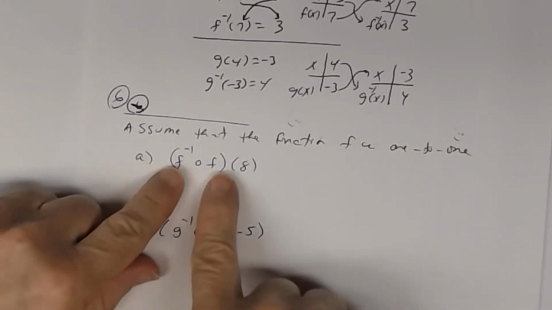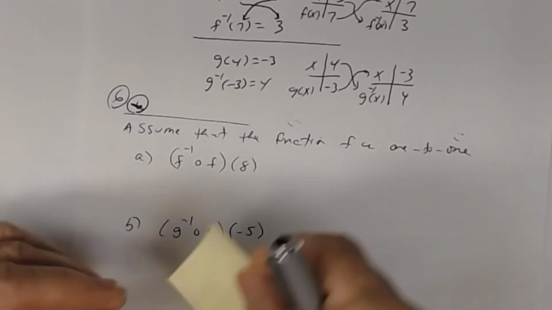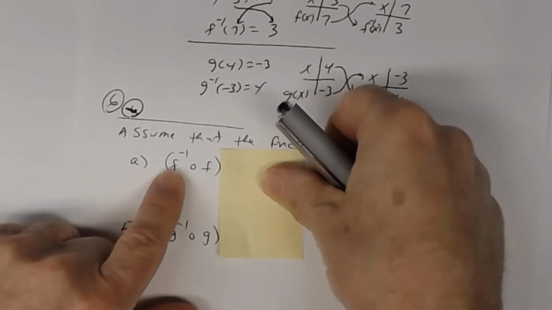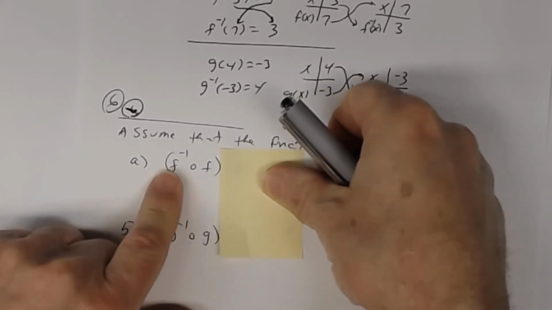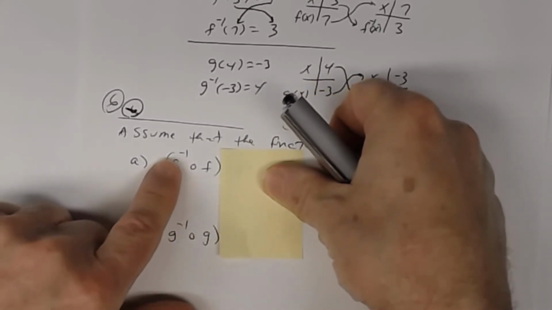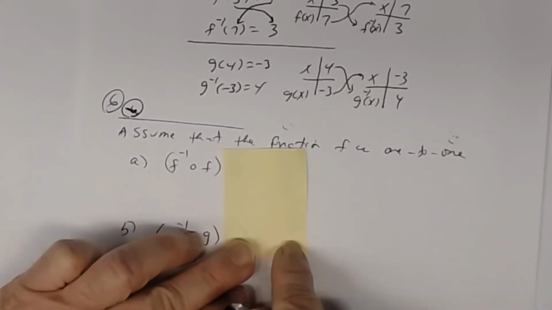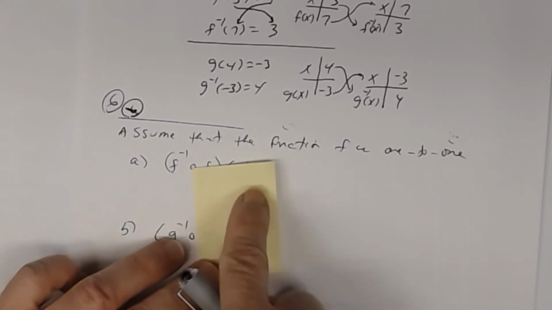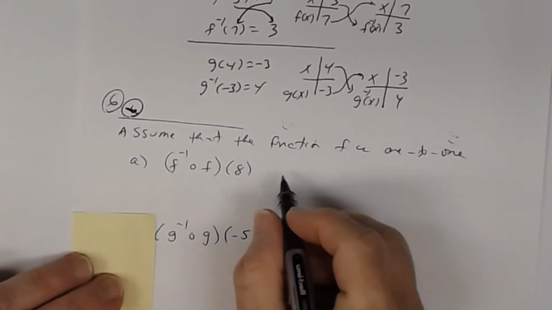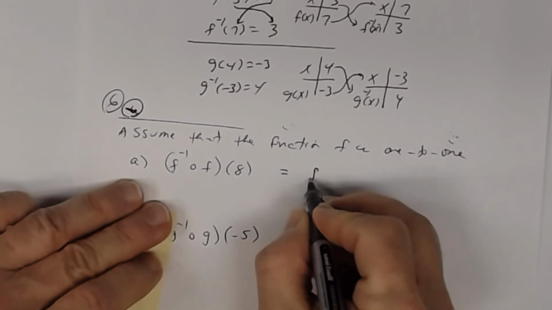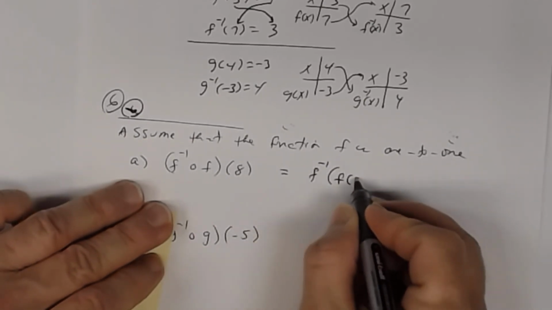So notice that, and let me cover this part up. So notice that these two functions are inverse of each other. So the f and f inverse are inverses. So if you think about what this is right here, so let's think about this. Watch. This becomes f inverse composed with f at 8.